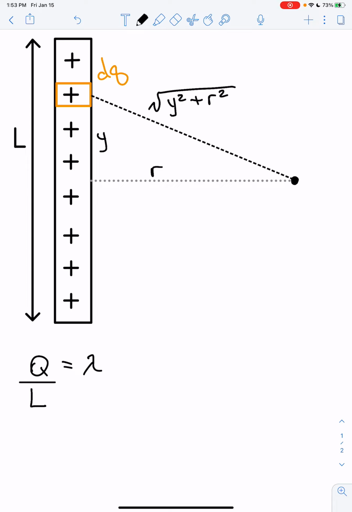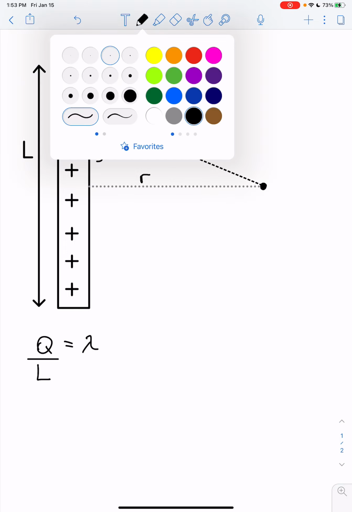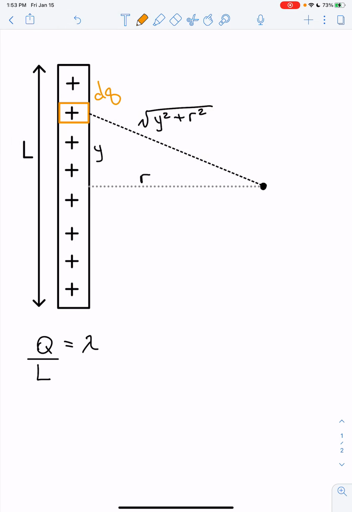Okay, so what about the electric field that is created at the point due to dq? Let's zoom out just a little bit, give ourselves a bit of room here, and we can draw this, and we'll keep it consistent with our dq notation.